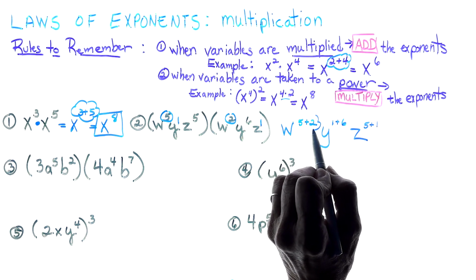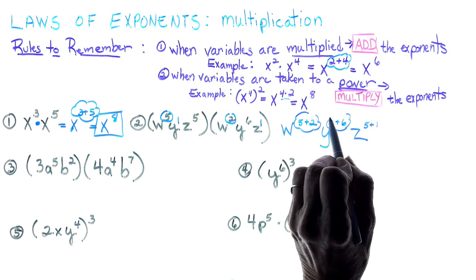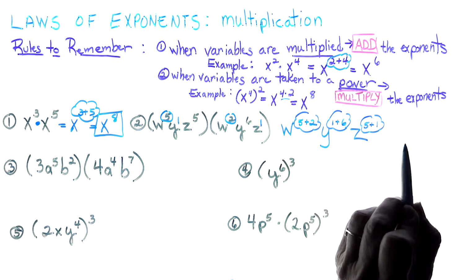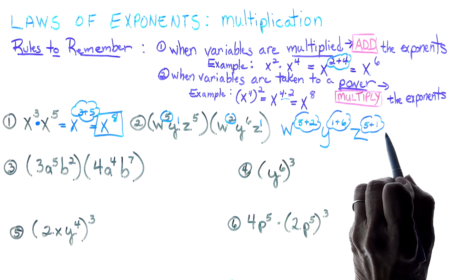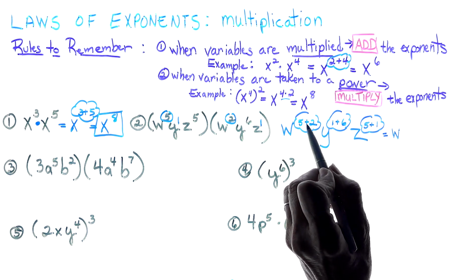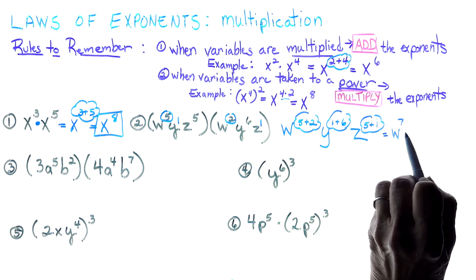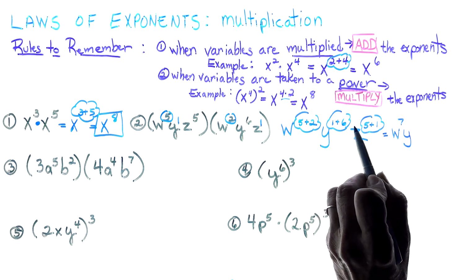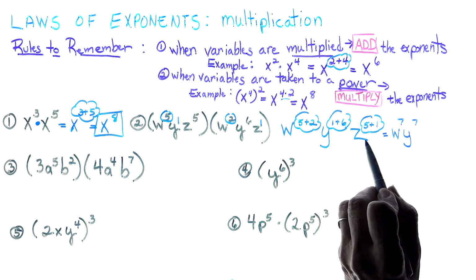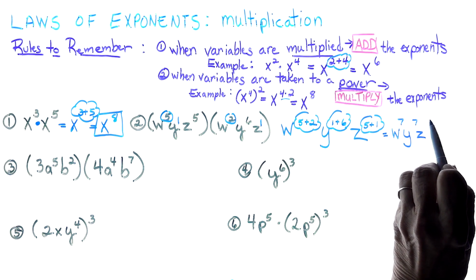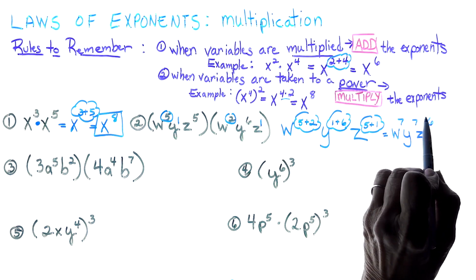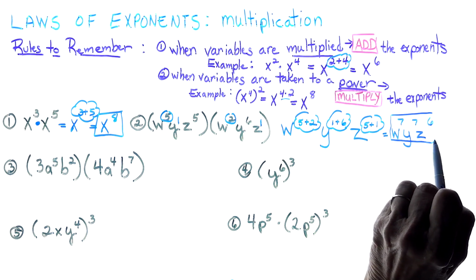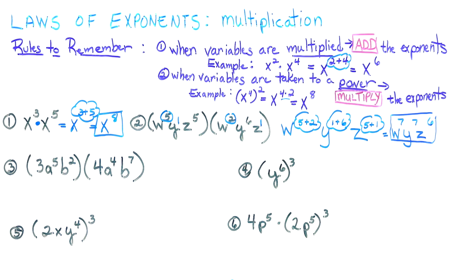Again, this totally can be mental math. But I'm just writing it now for you to get used to it. So our answer is going to be w to the 7th, y, 1 plus 6 is 7, and z to the 6th, 5 plus 1. And here is our answer.